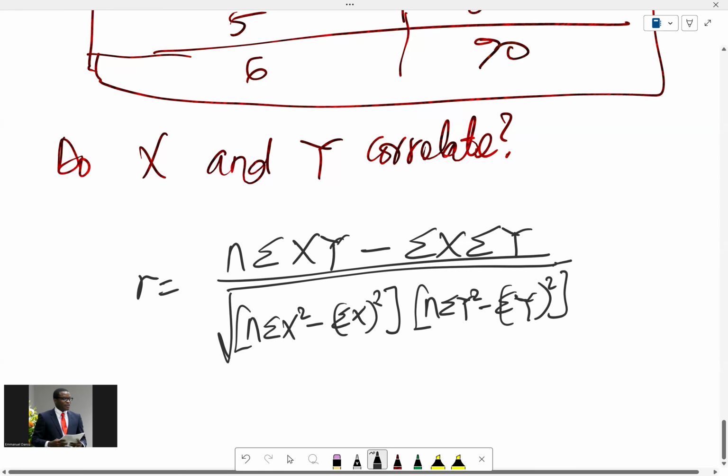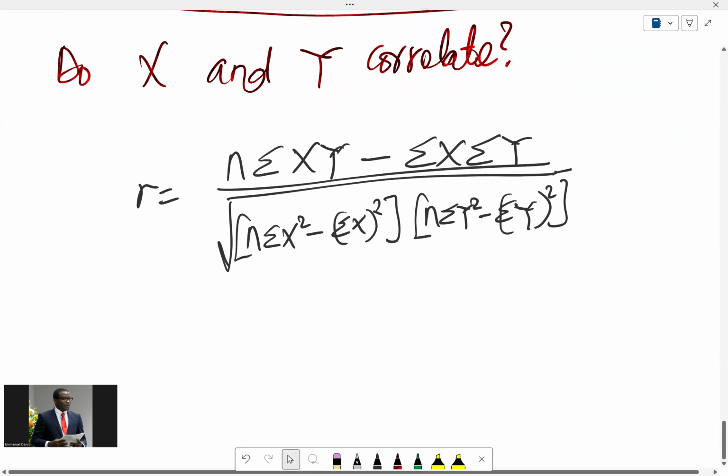So based on what you have here, it tells you what you need. You need the product of X and Y, you need X, you need Y, you need your squares.